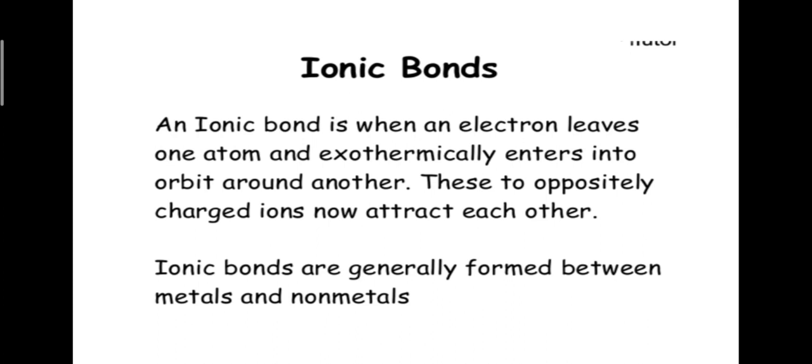And the compounds that are formed are called ionic compounds or electrovalent compounds. Obviously, the bond is ionic and electrovalent, so the compounds formed by these bonds will be ionic compounds and electrovalent compounds. These bonds are formed between metals and non-metals.